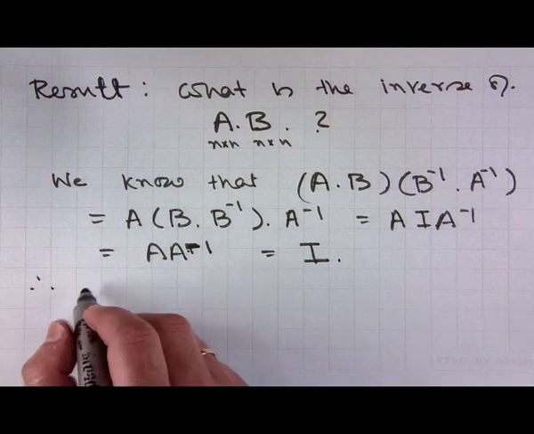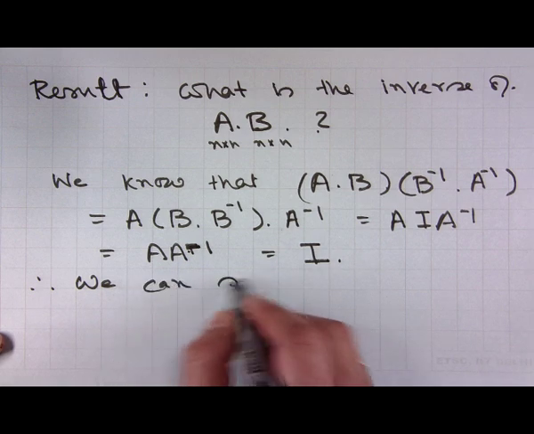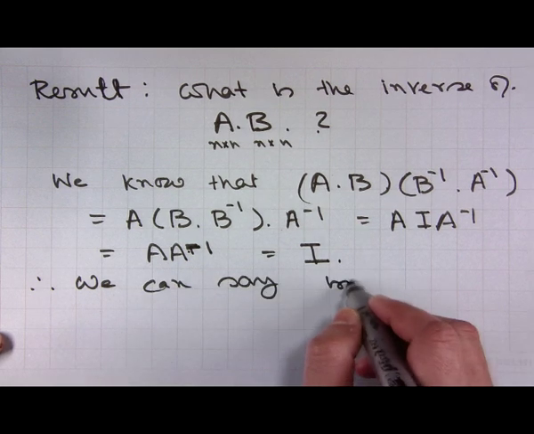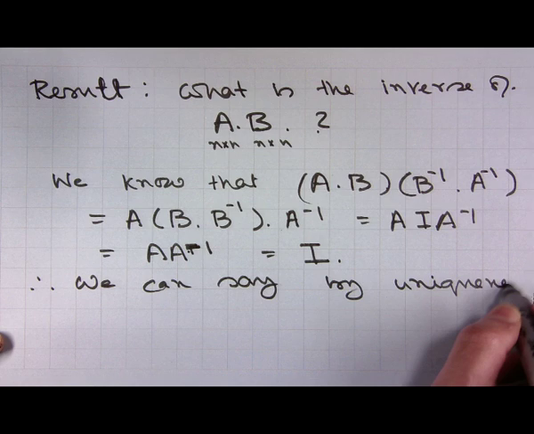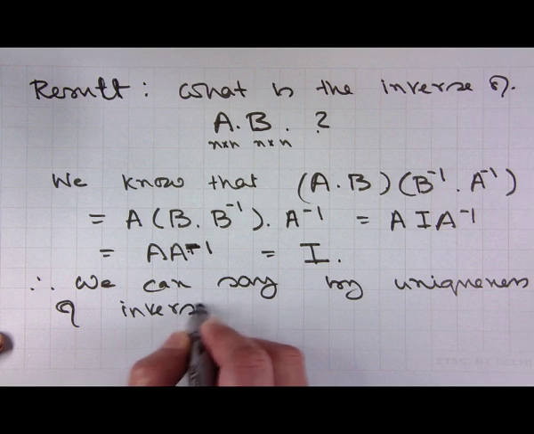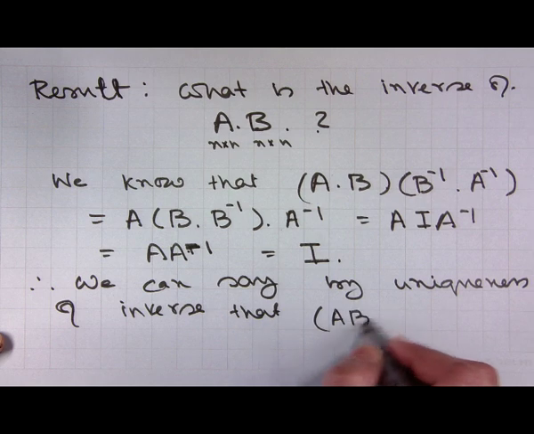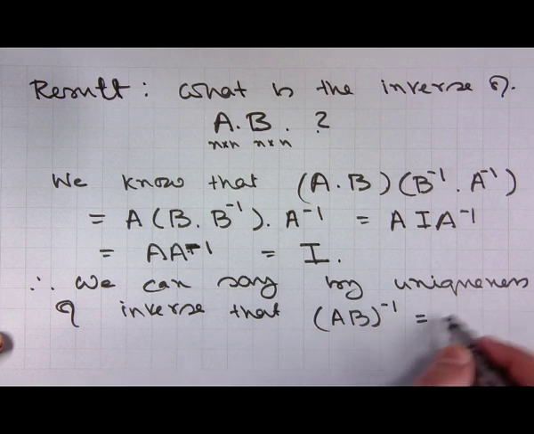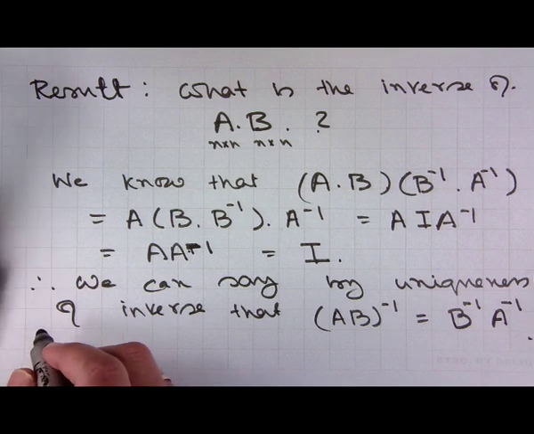Therefore, we can say by uniqueness of inverse that AB inverse is equal to B inverse multiplied by A inverse.